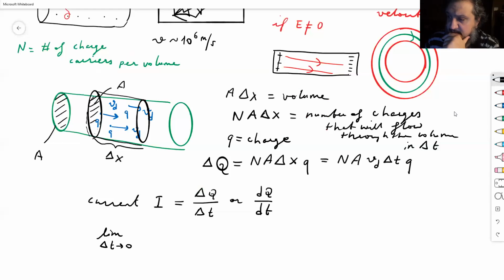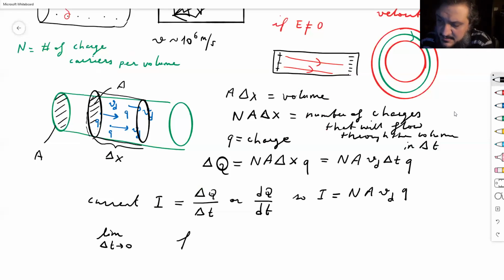So let's take a look at this now. We have delta q here and delta t over there, so we can directly find I. Delta q over delta t will be n times A, the cross-sectional area, times the drift velocity, times q. For a metal, since we're talking about electrons as charge carriers, metals like copper or aluminum, the charge is equal in magnitude to 1.6 times 10 to the negative 19 coulombs.